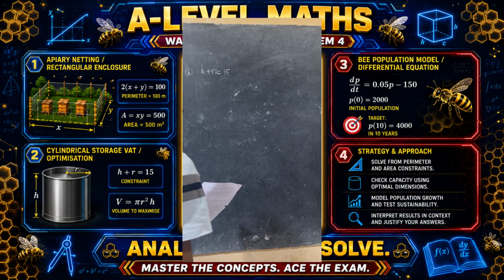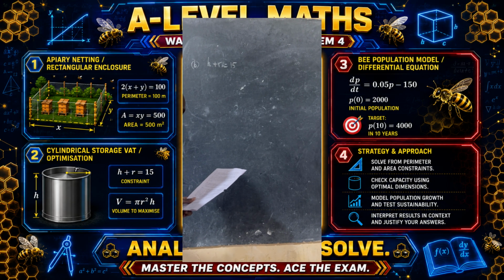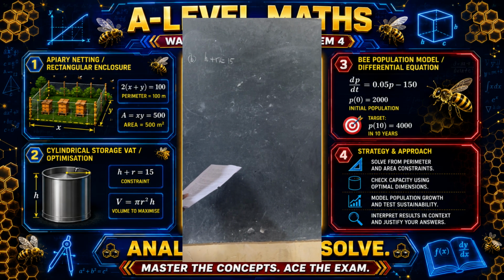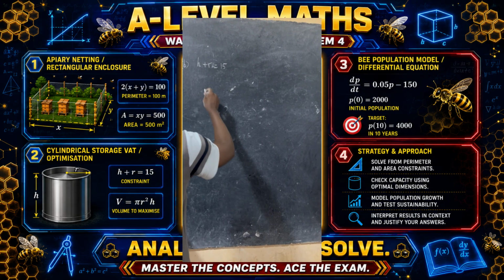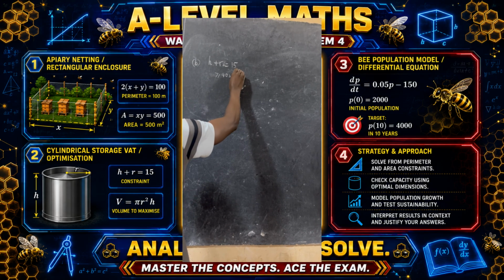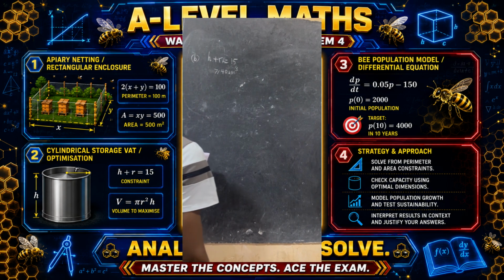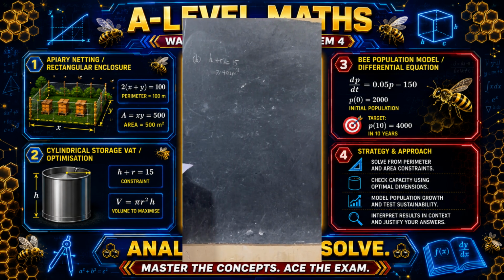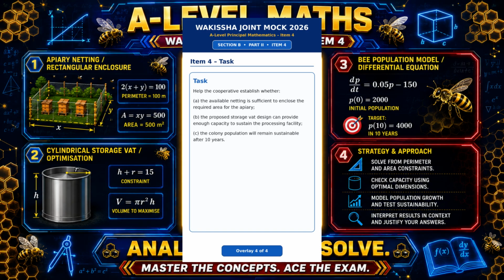The facility requires a storage capacity of at least 400 meters cubed of the harvest to be considered viable, so that is greater than or equal to 400 meters cubed. In Part B, we want to help establish whether the proposed storage vat design can provide enough capacity to sustain the processing facility.